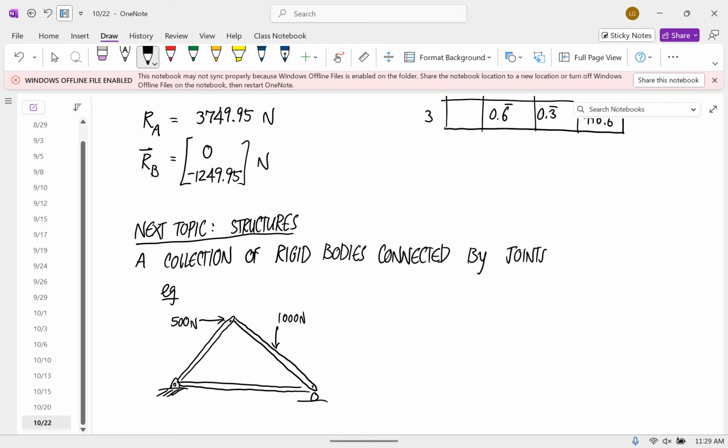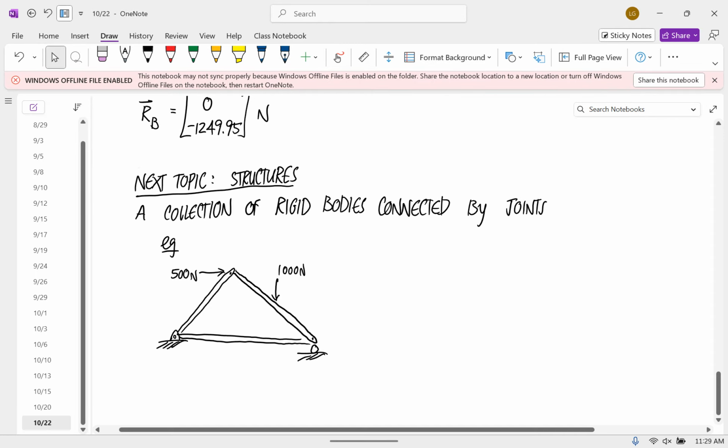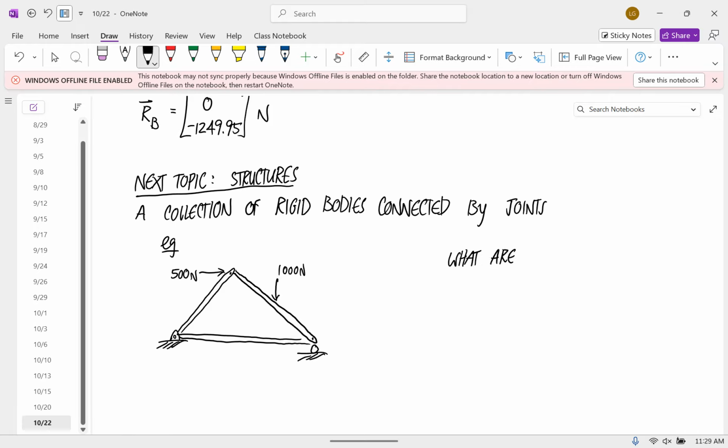A roller down here. And the question is, what are the external loads on each one of these members?